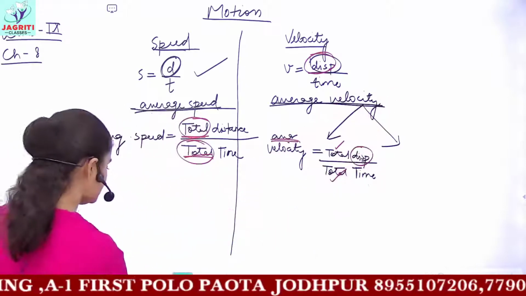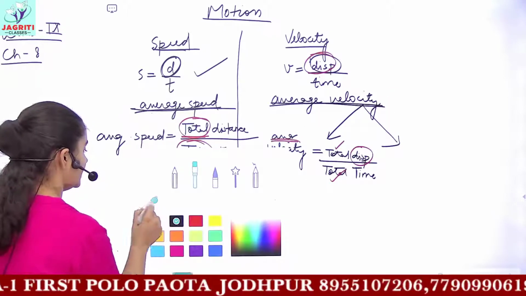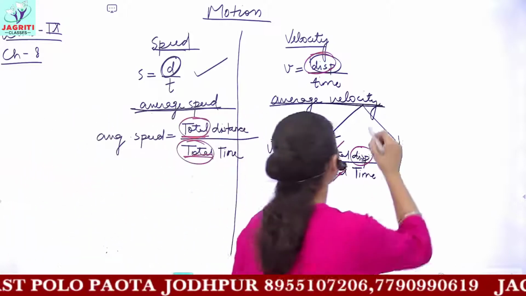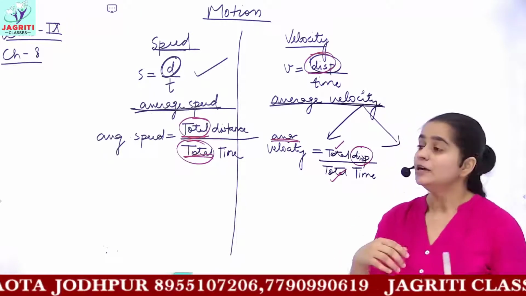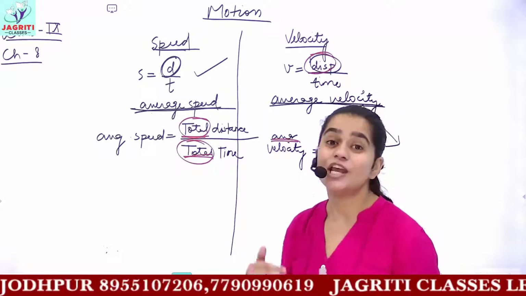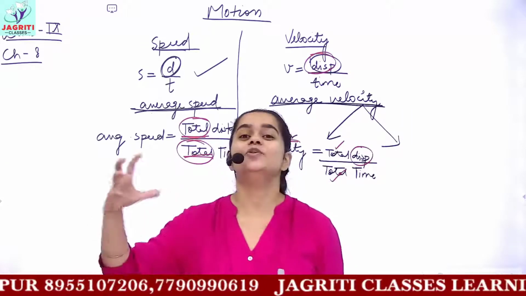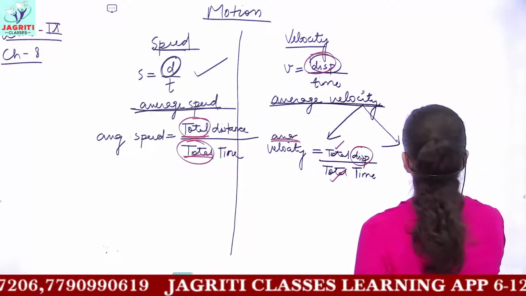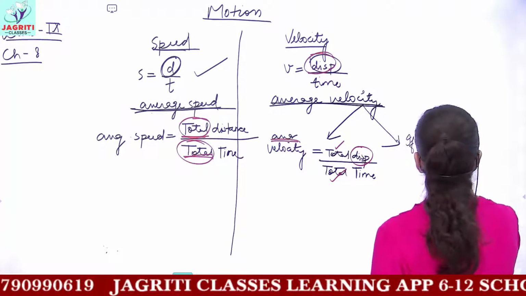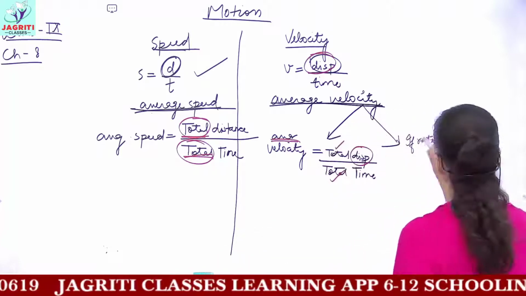Then another formula which is given in your textbooks, a line is written, that is, if the rate of velocity changes uniformly in unit time. Okay?